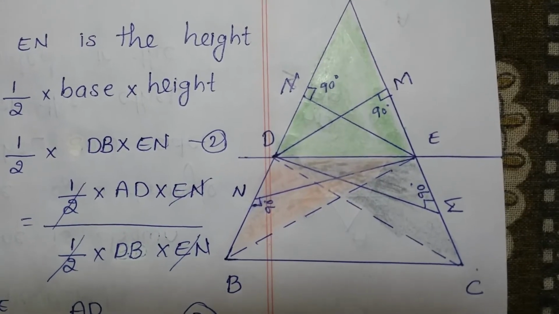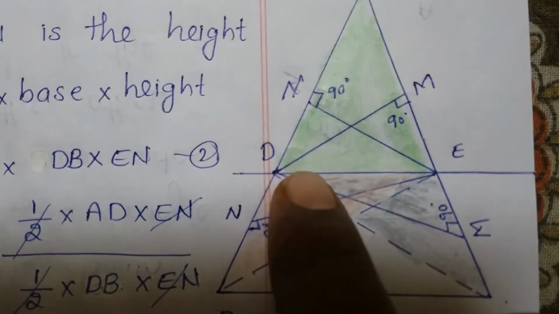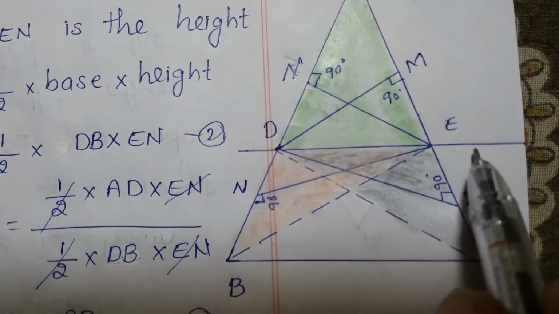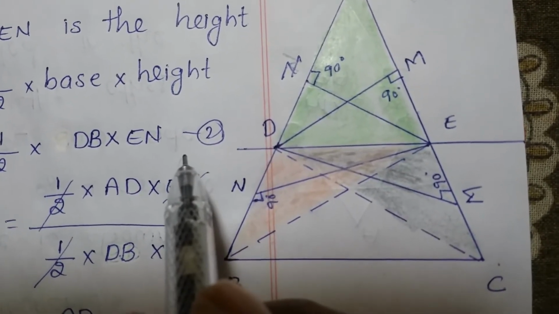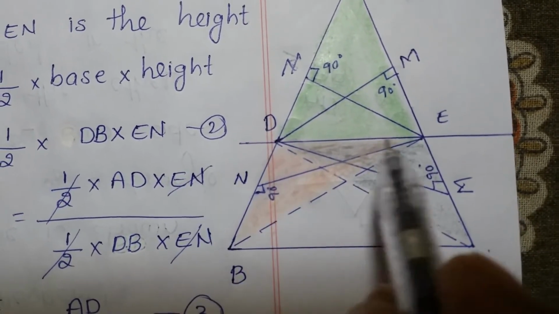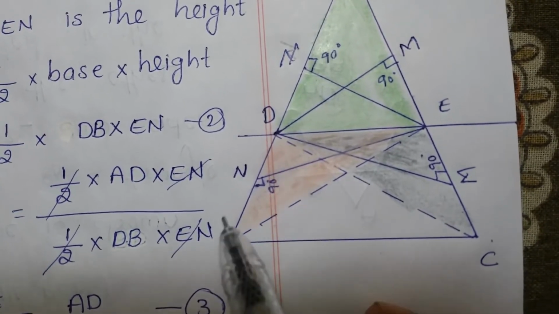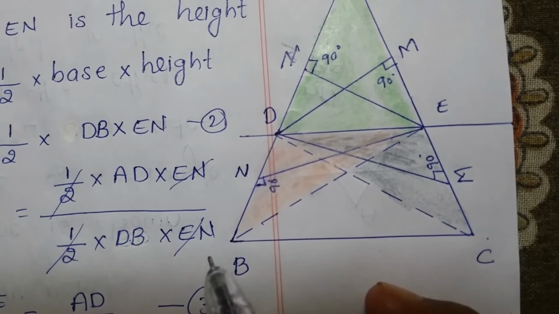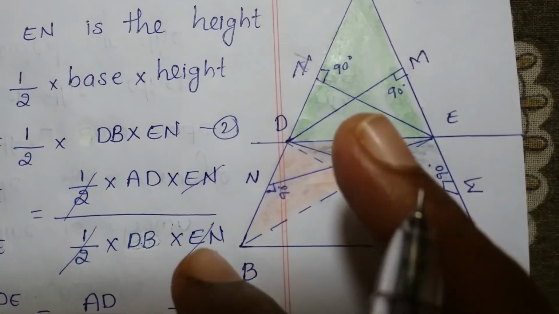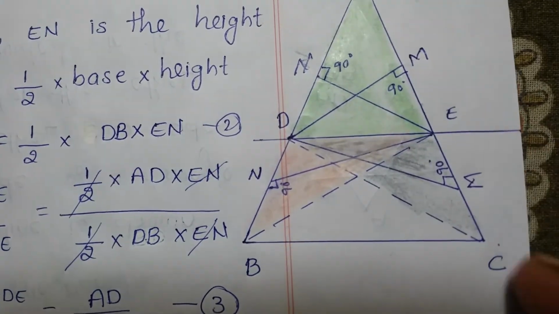DE is the base for both the triangles, and these two triangles are between two parallel lines, DE and BC. Therefore their areas are equal. So area of triangle BDE will be the same as area of triangle CDE.